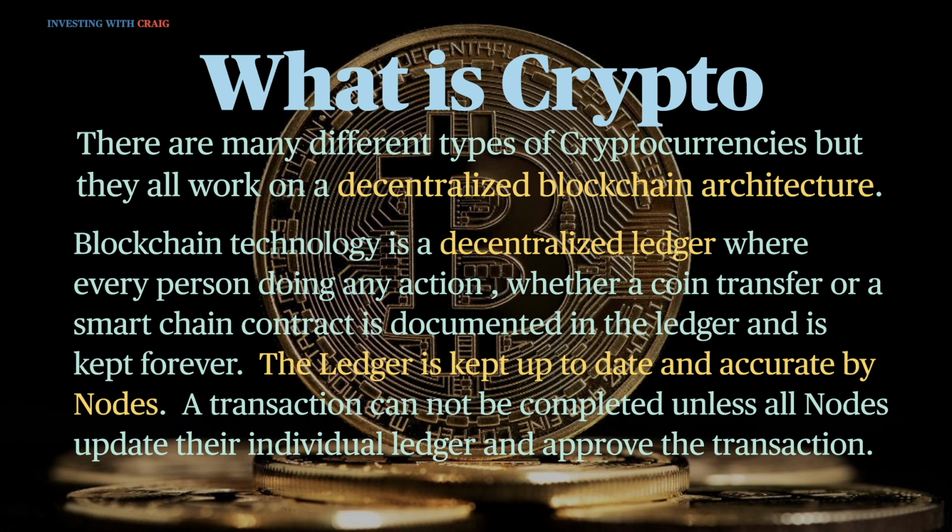In the case of Bitcoin, the nodes are generally high-powered computers that are constantly doing calculations, and that's how they win new coins. But those nodes also have the other job of keeping the ledger accurate and up to date. So a transaction cannot be completed unless all nodes update their individual ledger and they all approve the transaction. In essence, everybody's individual ledger has to match or the transaction doesn't go through.